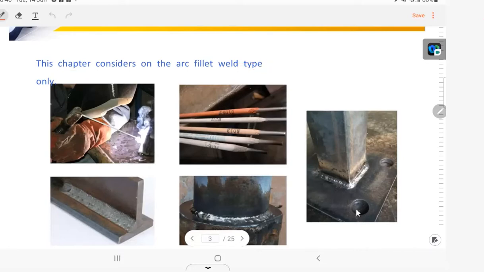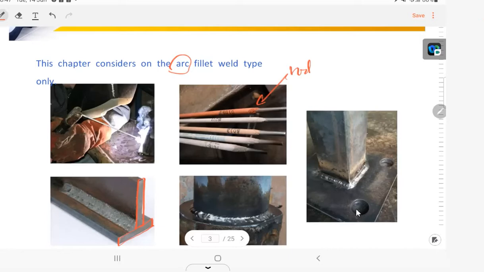If you look at arc welding, this is a rod, we call it a rod. It needs a source, from electricity and gas. So this is a type of welding. These two joints, these two parts, this one part and the other is one part.